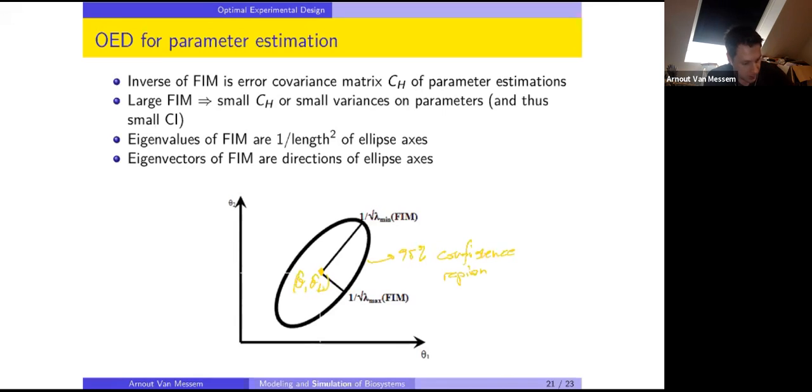But this means that my theta1 is here. And so my confidence interval, if I look in one direction, will be something which is symmetrical here. So it will never be the same as the length of the ellipse.